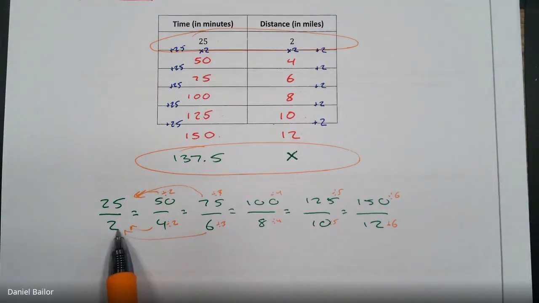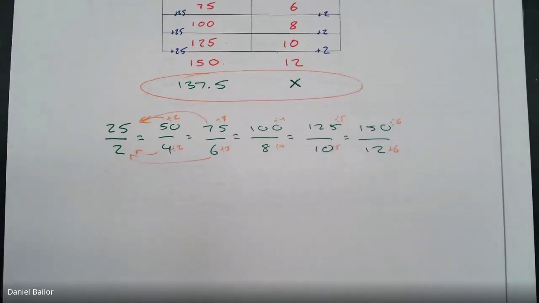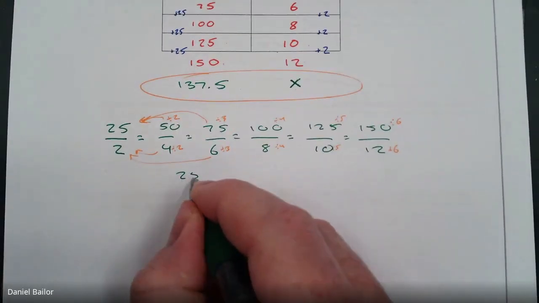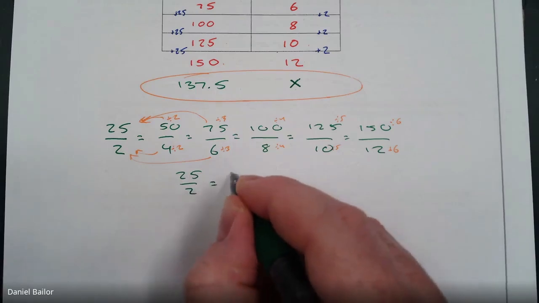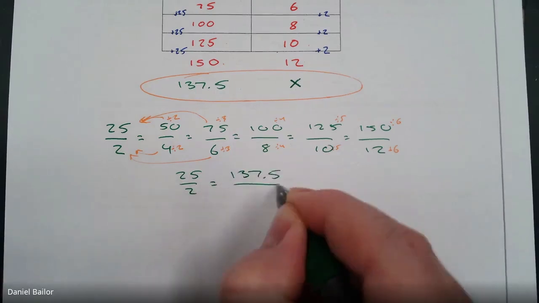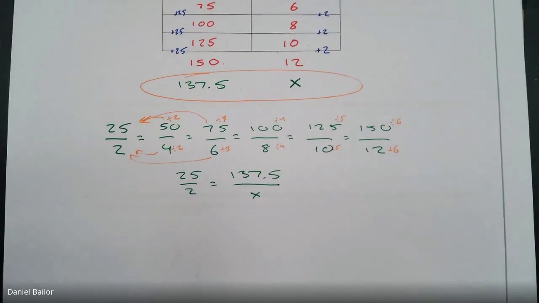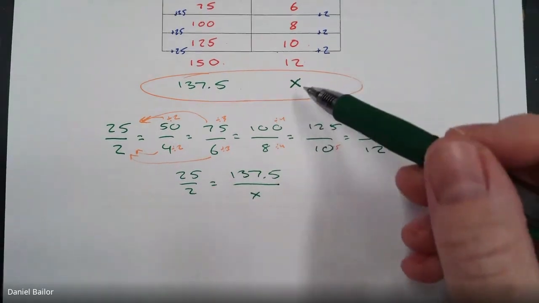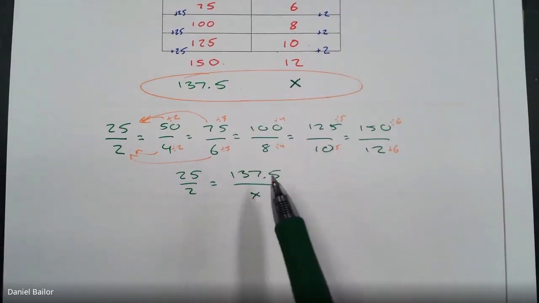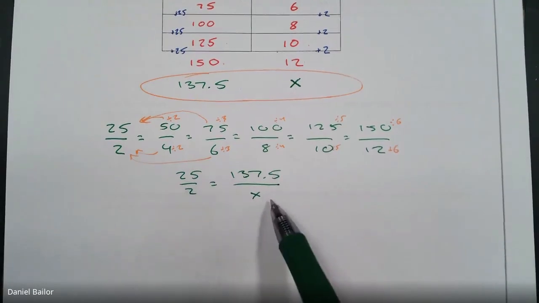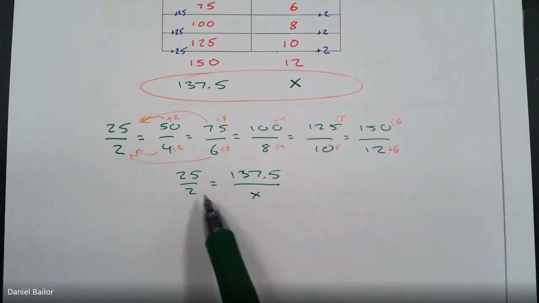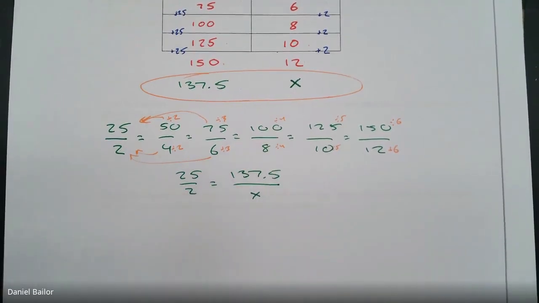So if all of these are equal, it means that this is also equal because it came from the chart. We know that this has to be equal. We don't know what x is, but we know this is going to be equal.